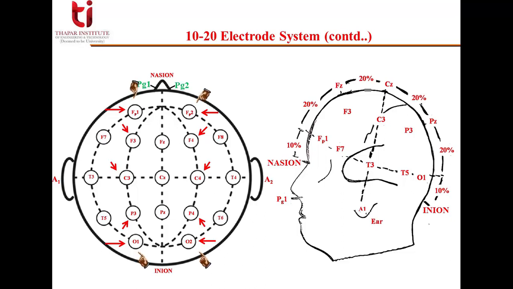Similarly, if measured side to side, that is F7, F3, FZ, F4, F8, and T5, P3, PZ, P4, T6, they can be 25% up from the side points, that are F7, F8 and T5, T6. So this was all about the 10-20 electrode system, which is used mainly for measuring and placing electrodes at accurate positions on the scalp surface.